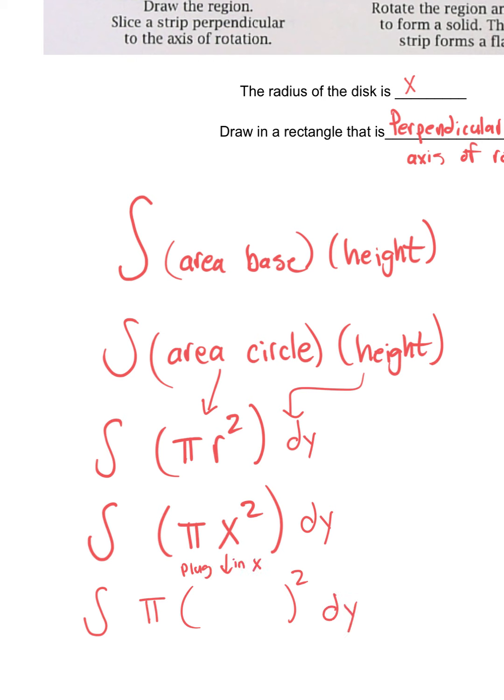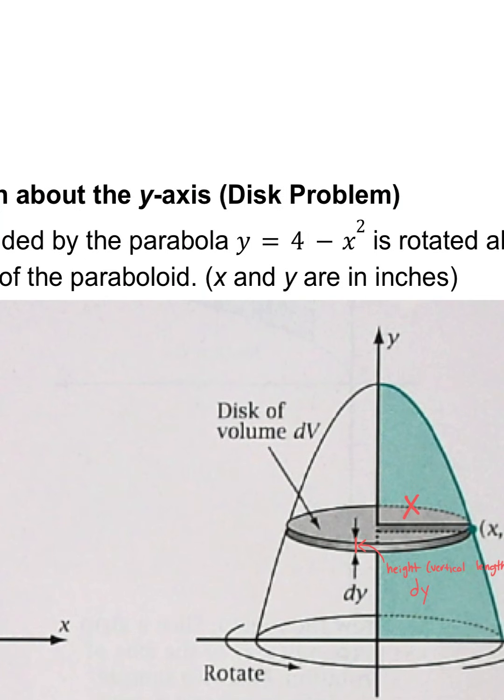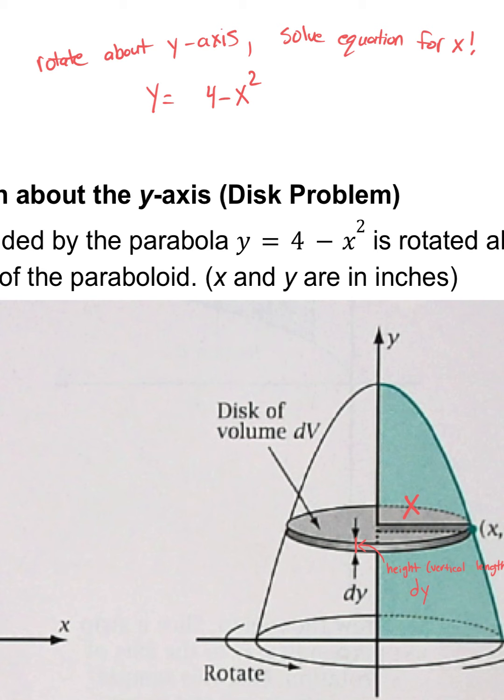And we know that our equation is solved for y. So whenever you're rotating about the y-axis, we have to solve our equations for x. So let's take our equation, y is equal to 4 minus x squared, and let's solve that for x.